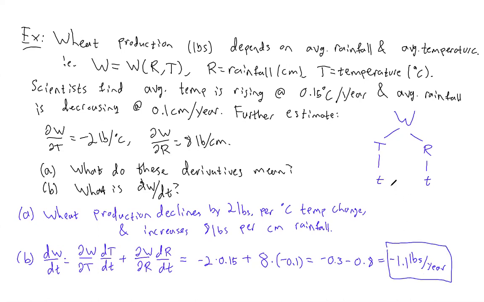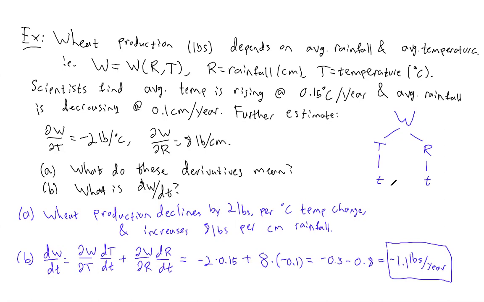So what we're seeing in this case is how this crop production is changing with time if we're told something about how its environmental conditions are changing with time. This is one of the major applications of the chain rule, and how a lot of climate scientists, for example, explore what the long-term effects of climate change would be on our environment.